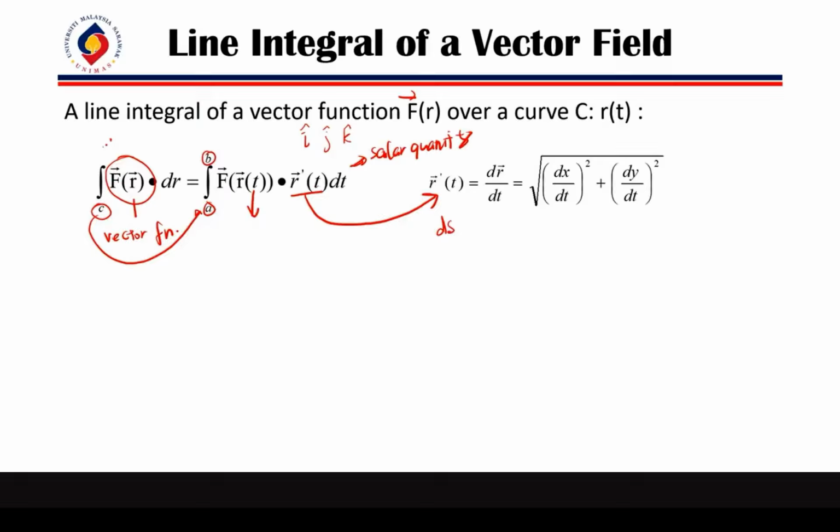So it's actually similar to r prime t. r prime t is the derivative dr over dt, which gives the square root of dx over dt squared plus dy over dt squared. This is similar to the previous scalar field line integral. We just substitute and plug in here, and then we can solve this integral.